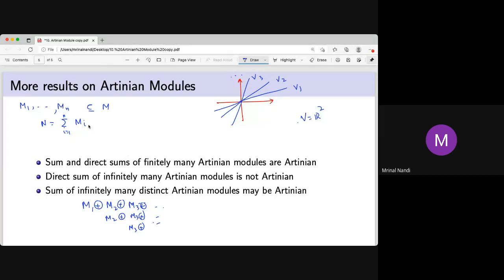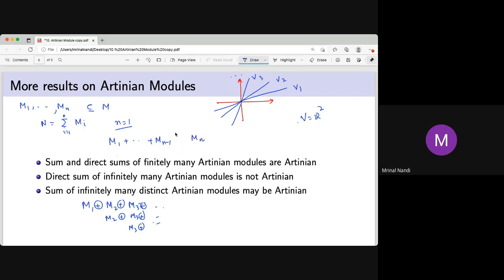We will use induction. If n equals 1, it is true, because M1 is Artinian. We assume that it is true up to n minus 1. We know that up to n minus 1 the sum is Artinian, and Mn is Artinian.